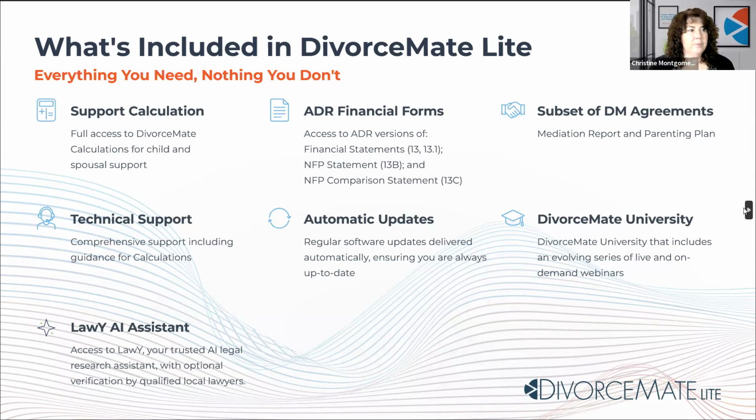And we have the financial statements available to you, based on the 13 and 13.1. We have the NFP statement available to you based on the court form 13B. And then we also have the NFP comparison statement available based on the court form 13C. So those would be the financial forms that would be available in DivorceMate Lite.